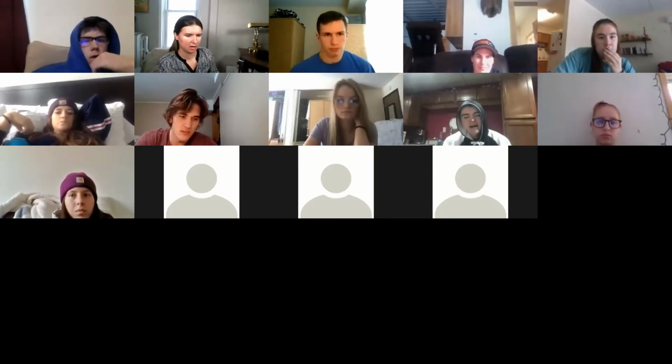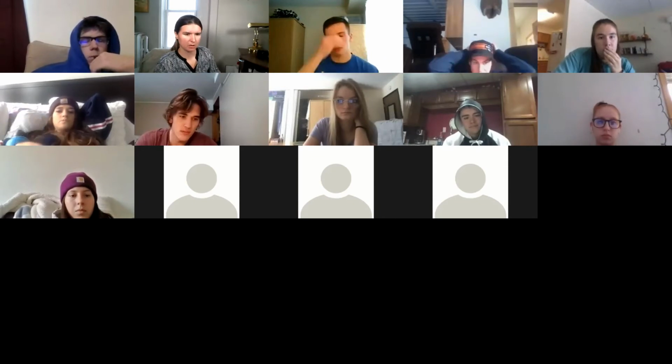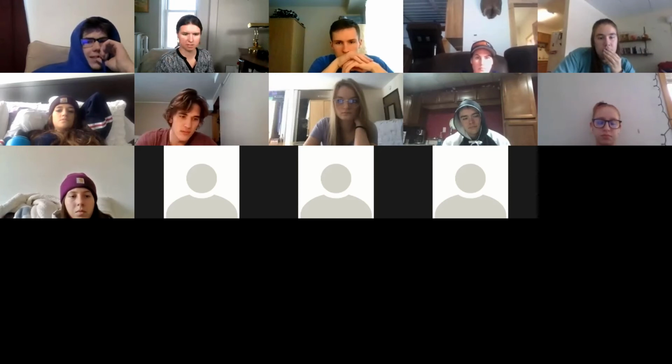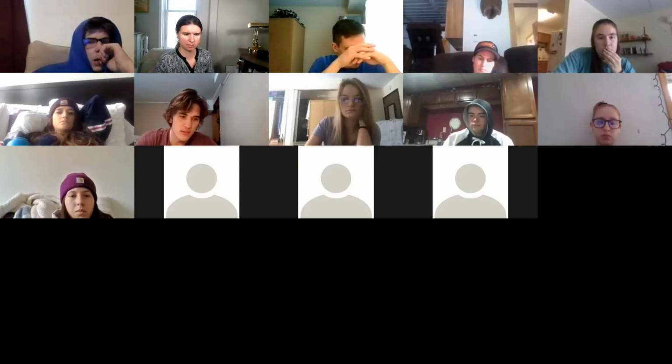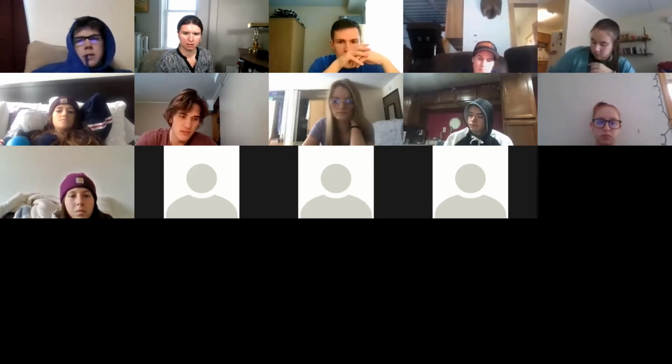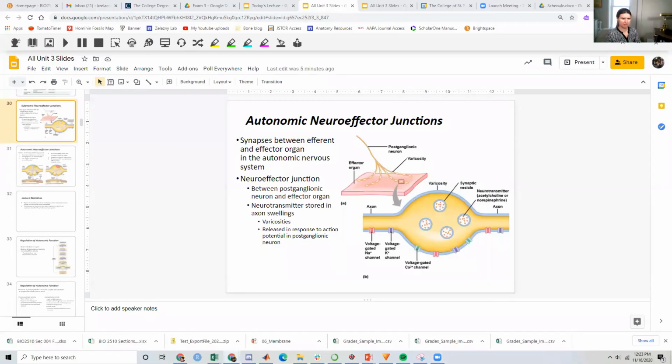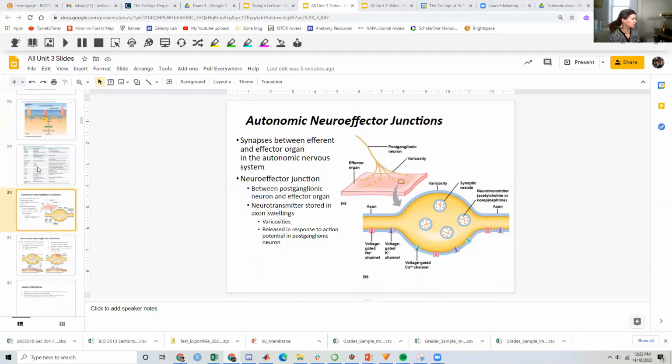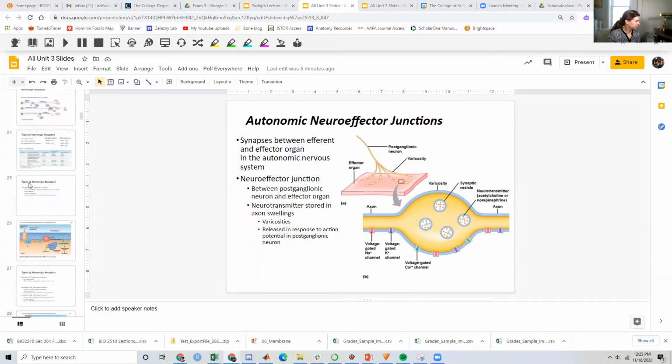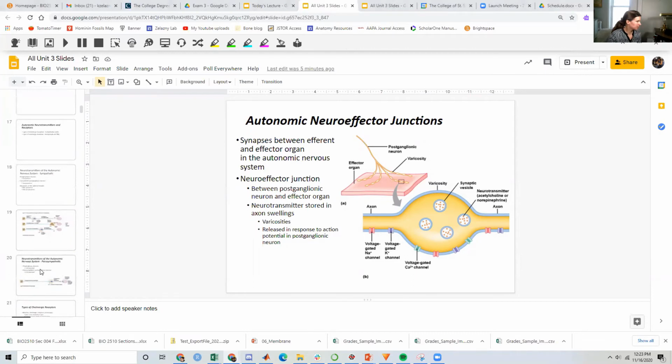Okay, so when we're talking about number 3, let me pull up the slide we should be looking at. So we're thinking about the parasympathetic neurons versus the skeletal neurons. We see those in kind of 2 places, right?